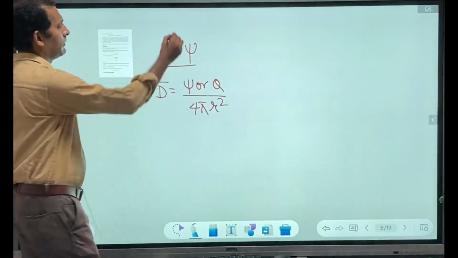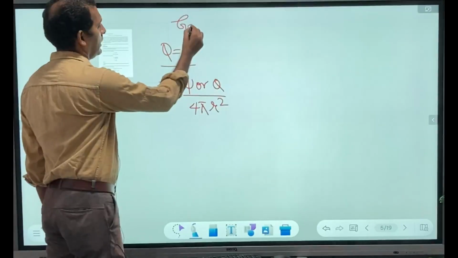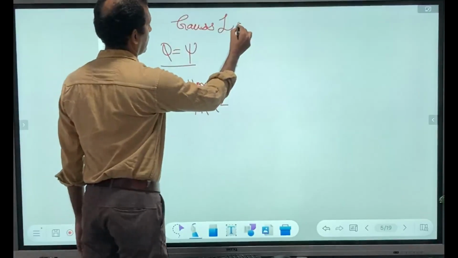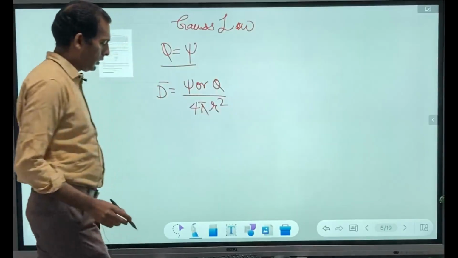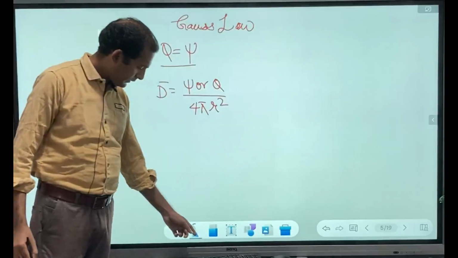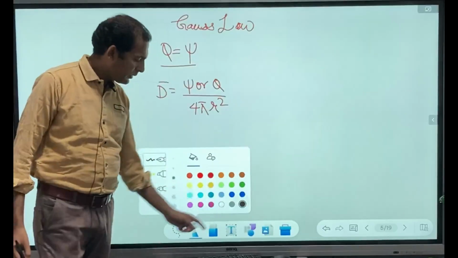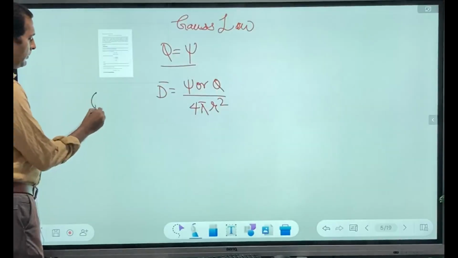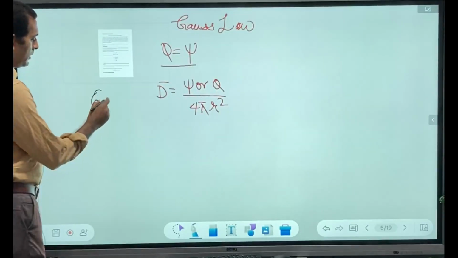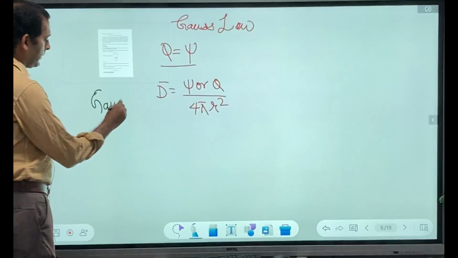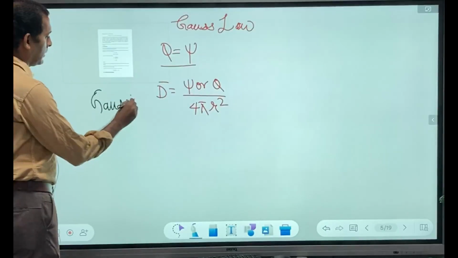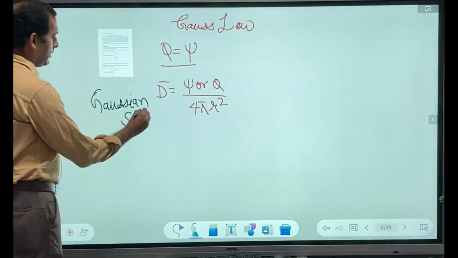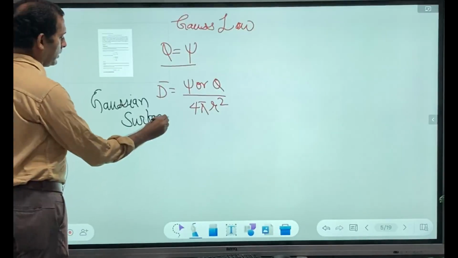Now Gauss law is applicable to a Gaussian surface. Gaussian surface is nothing but any surface where we can apply the Gauss law.